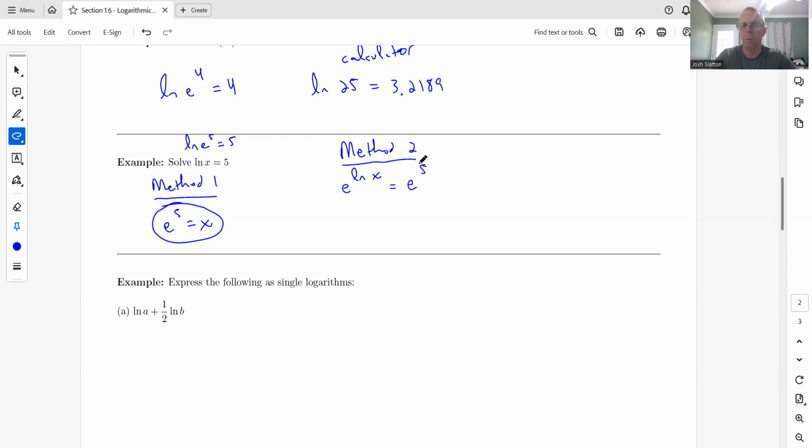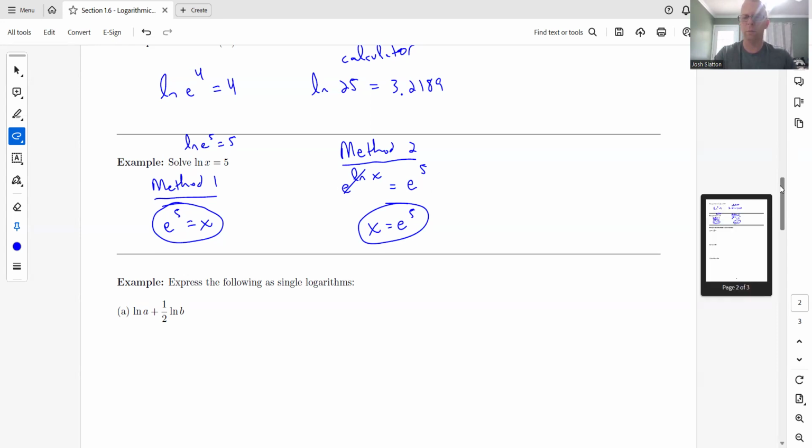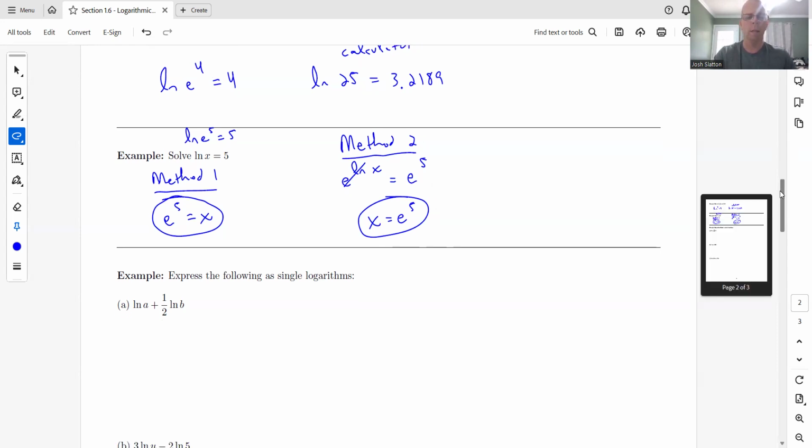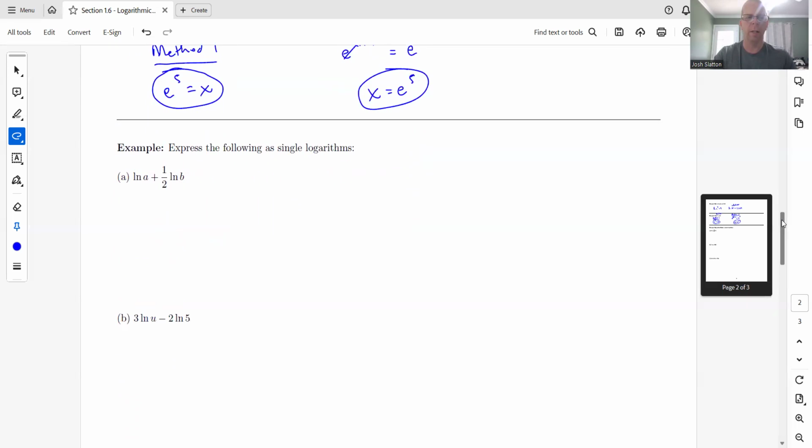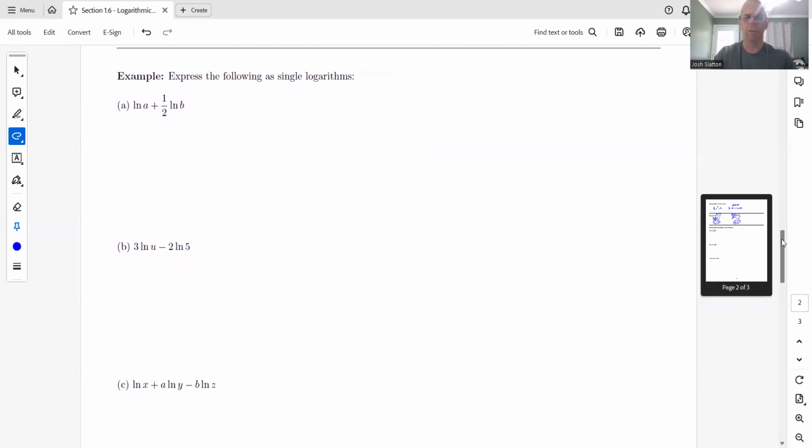So if ln of x equals 5, then e to the ln of x has to equal e to the 5th. So that's all we're doing. Now that e and the ln cancel out, we just have x, and that equals e to the 5th. And you can put that in the calculator if necessary, but that's the exact solution. So this method 2 is the way you should probably be comfortable working with these, because we'll see some in a minute where it's just easier to do it that way.